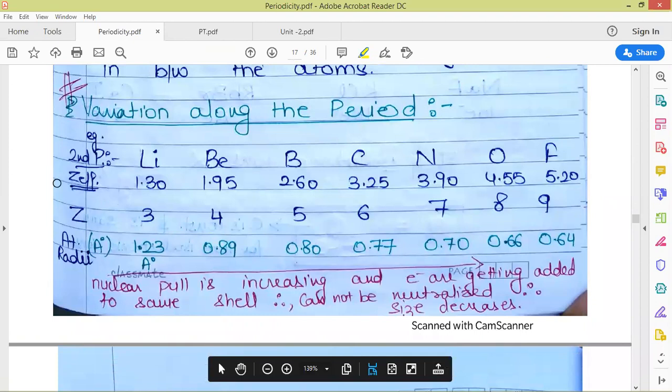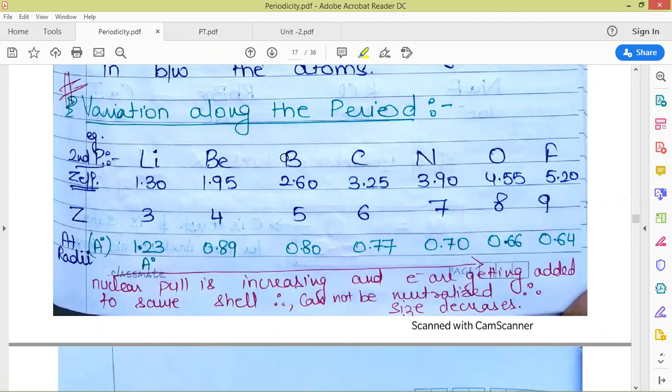So here Z effective for these atoms has been written. Z effective is effective nuclear charge which has been calculated using Slater's rules for these atoms. Also this Z represents the atomic number. Lithium has atomic number 3, 4, 5 for boron and then 9 for fluorine. Here neon has not been written.